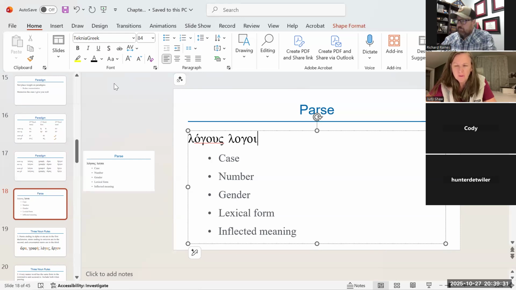So look at your chart. Remember, the stem of the word is logo, essentially. If you add an S to it, it's nominative singular. If you add an upsilon to it, it's genitive singular, which we haven't learned yet. If you add a nu to it, it's accusative singular. If you add an iota to the stem, which is lambda, omicron, gamma, omicron, then it's nominative plural.